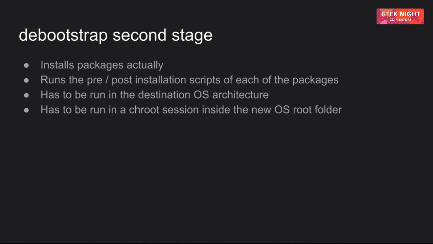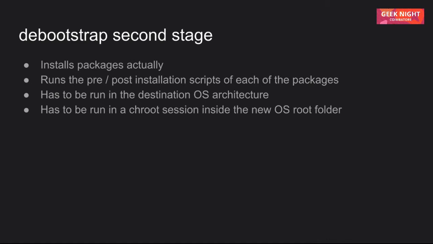It means change root. What it does is it takes a subtree of folders starting from a particular root folder. It could be any folder, and it runs a given application or command inside an environment which can only see the files and folders present under the root folder that we chose.